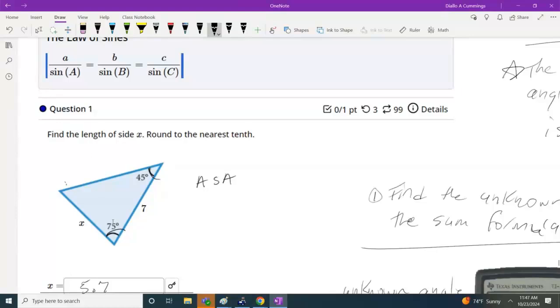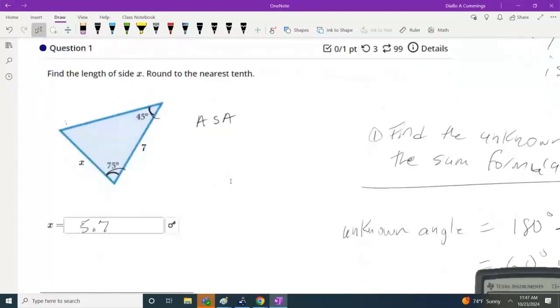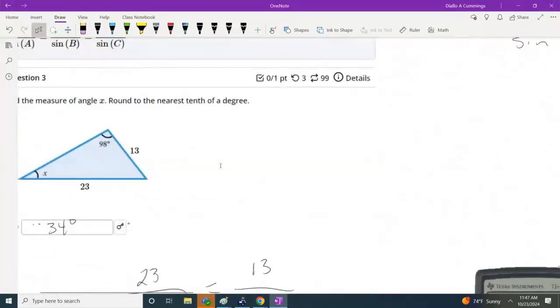Right, because I'm given an angle measurement, I'm given another angle measurement, and I'm given the side length between those two. So this is an angle side angle set of measurements. For this next problem, we are given a side length, which would be here. I'm given an angle measure, which is here. And in between that side and that angle measurement, I have another side. So this is a side angle.